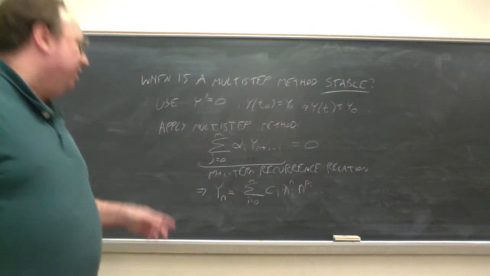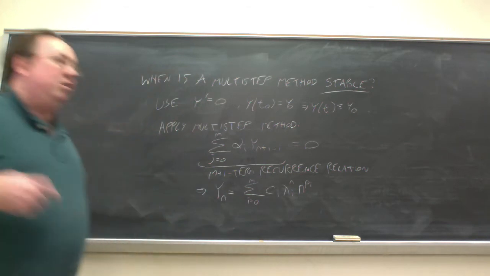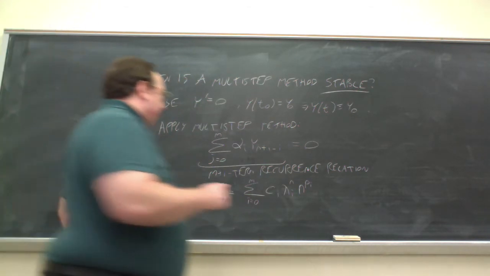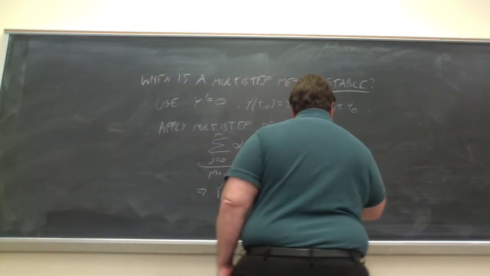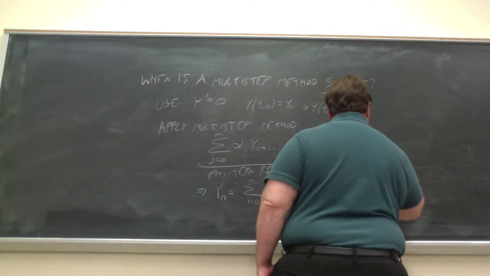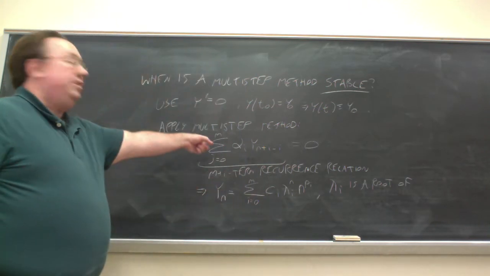Okay, so I need to explain where all of these come from. Now, the c_i are just some constants, coefficients in a linear combination, so we don't really care about those so much. But each of these lambdas is a root of a polynomial that comes directly from the alphas.